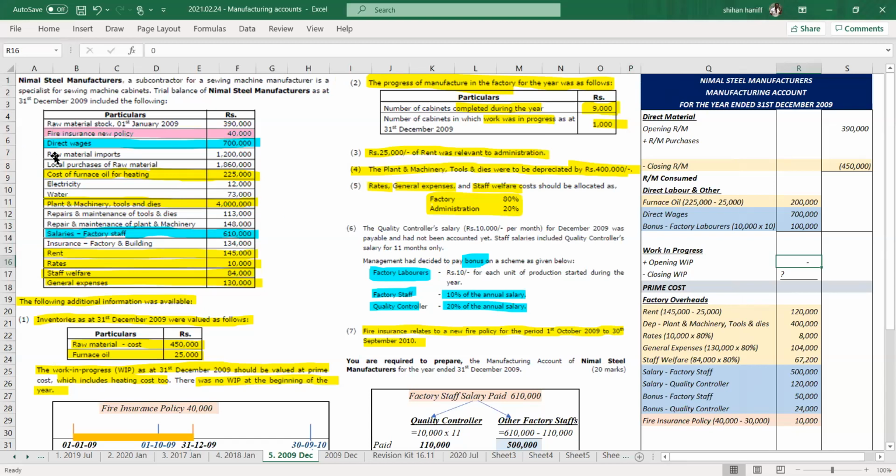Raw material imports and local purchases are there.